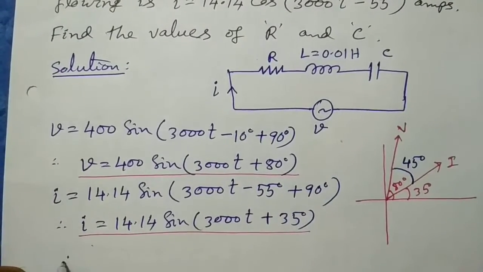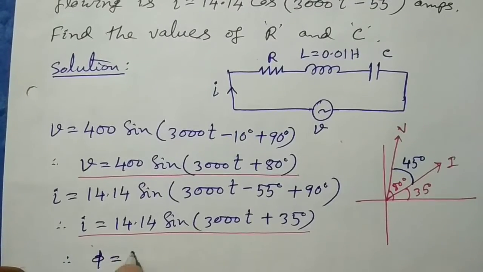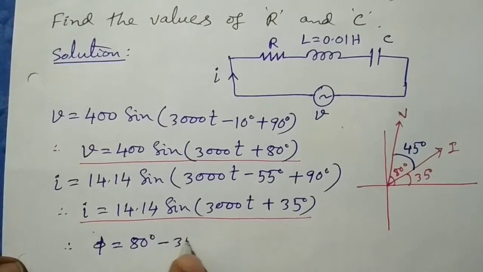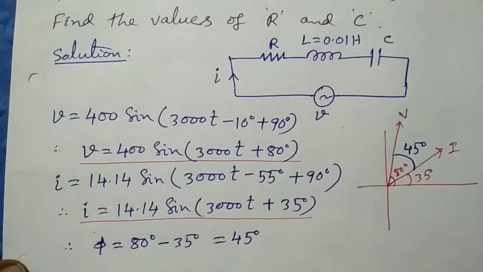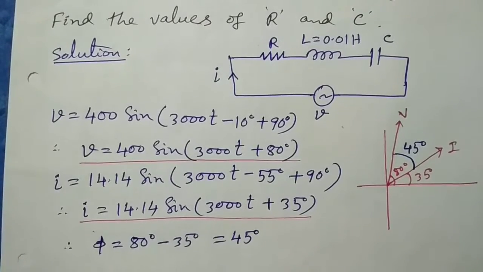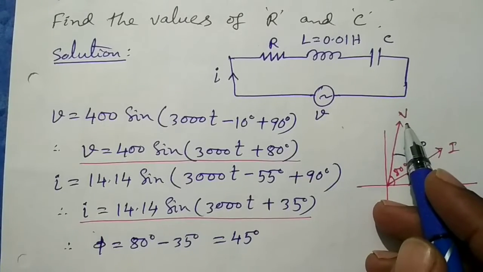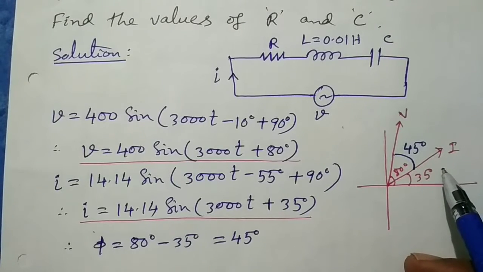Therefore, the phase angle between voltage and current will be 80 degree minus 35 degree, which is 45 degree. If we consider the voltage as the reference, then with respect to the voltage the current is lagging.